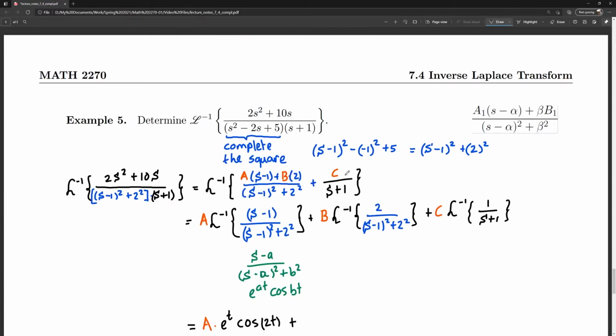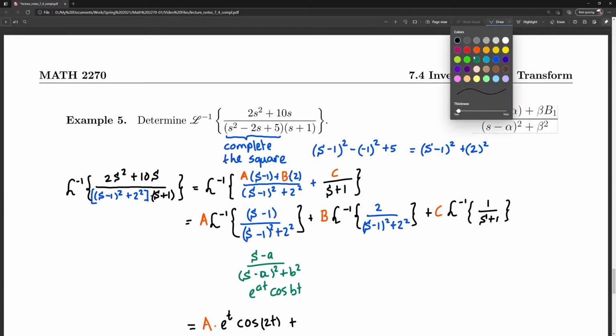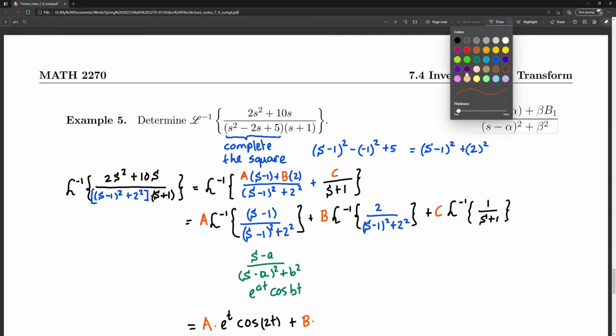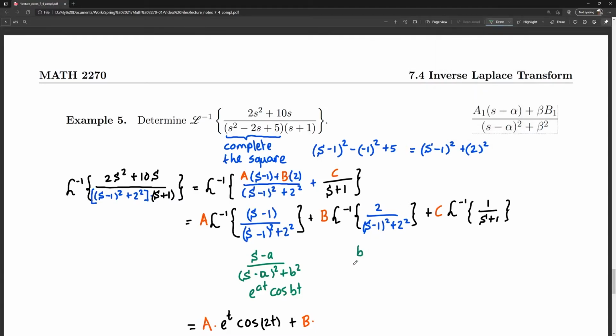and then plus b times, and now what we have to compare this with is b over s minus a squared plus b squared, and that is the Laplace transform of e to the power at sine bt.